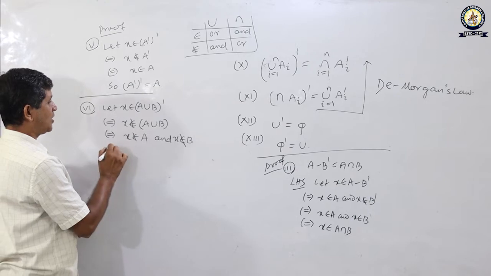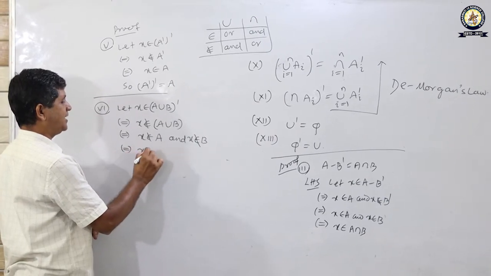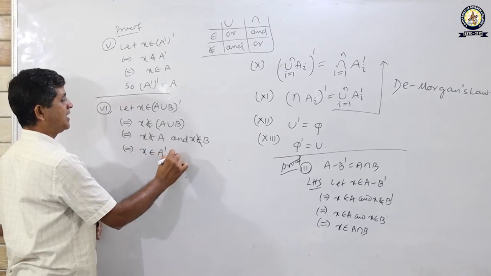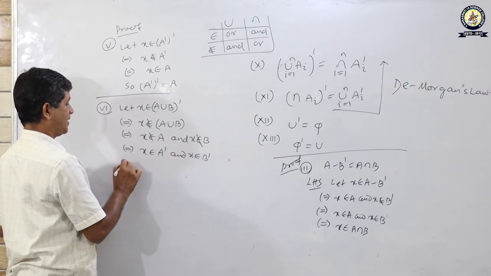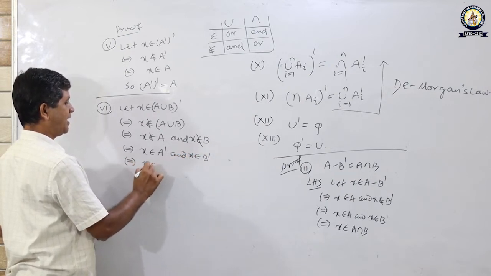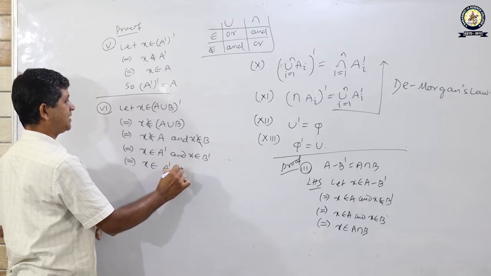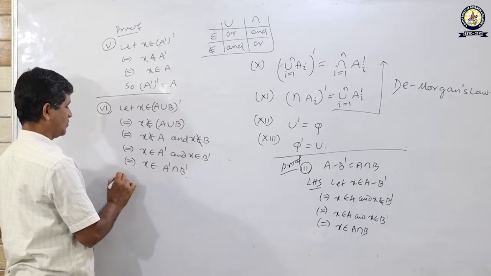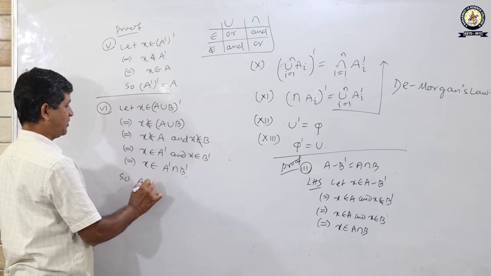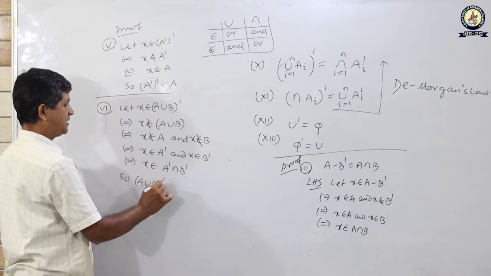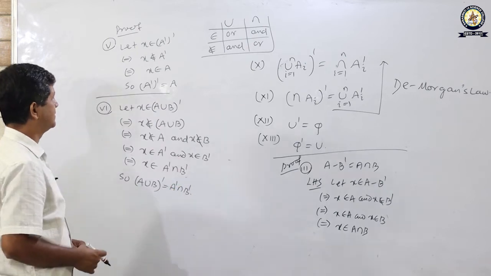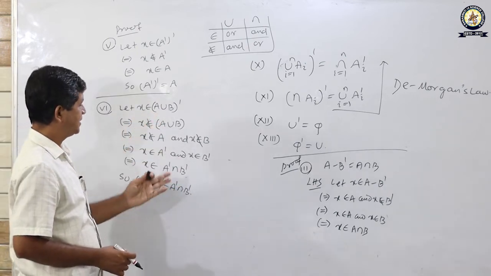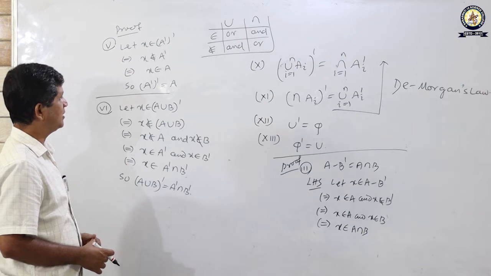Look at X is not in A, so X is in A dash and X belongs to B dash. Implies and implied by X belongs to A dash intersection B dash. So, A union B whole dash is equal to A dash intersection B dash.